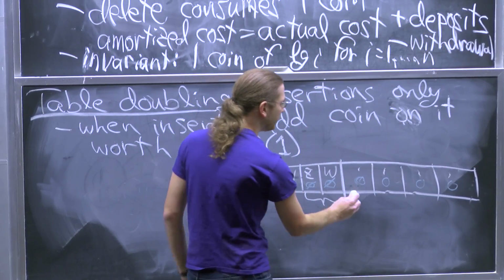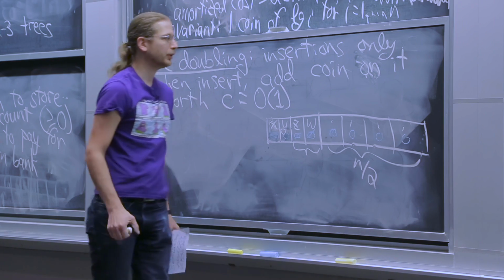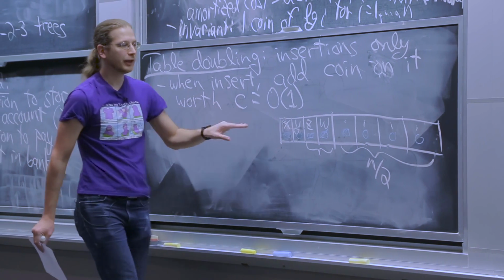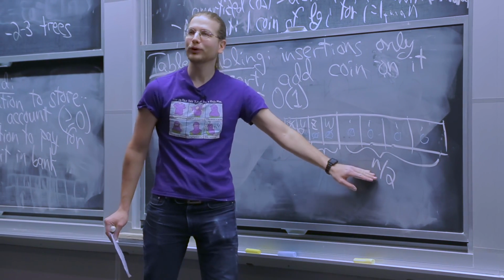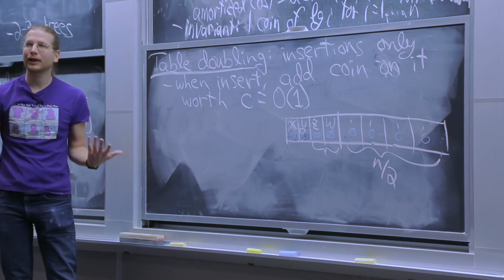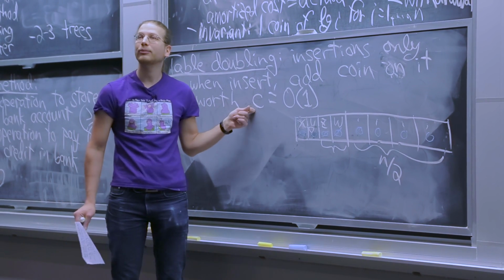So the number of coins here will be n over 2. This is why I wanted to make this constant a little explicit, because it has to be bigger than 2 in some sense. However much work, let's say it takes a times n work in order to do doubling, then this constant should be something like 2 times a.